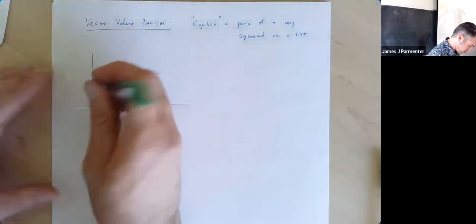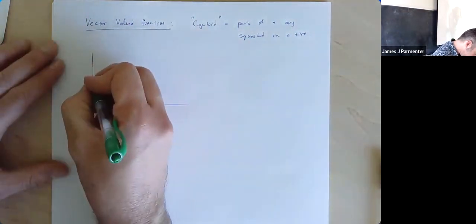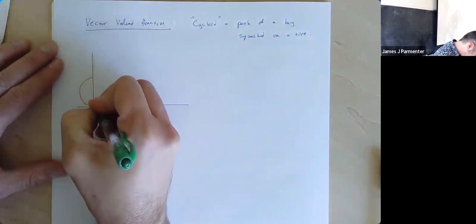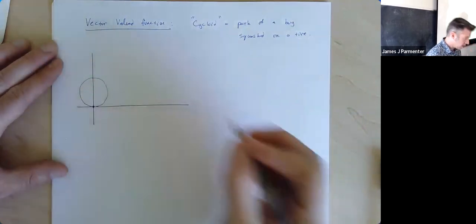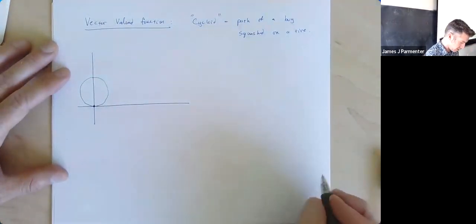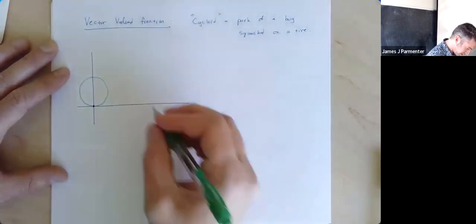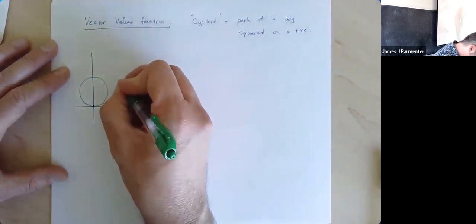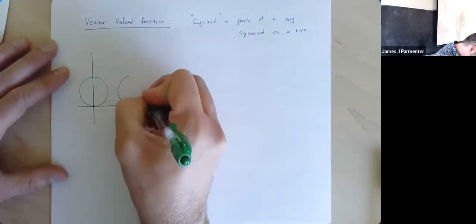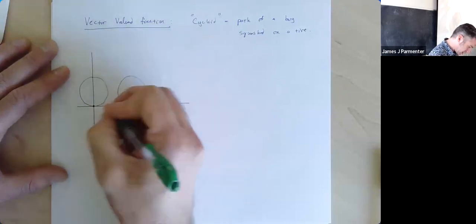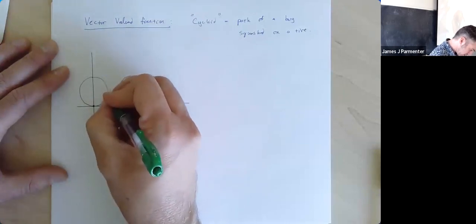Let's draw this wheel. And then it rolls forward. And so maybe a little while later, this position has rolled up to say right there.